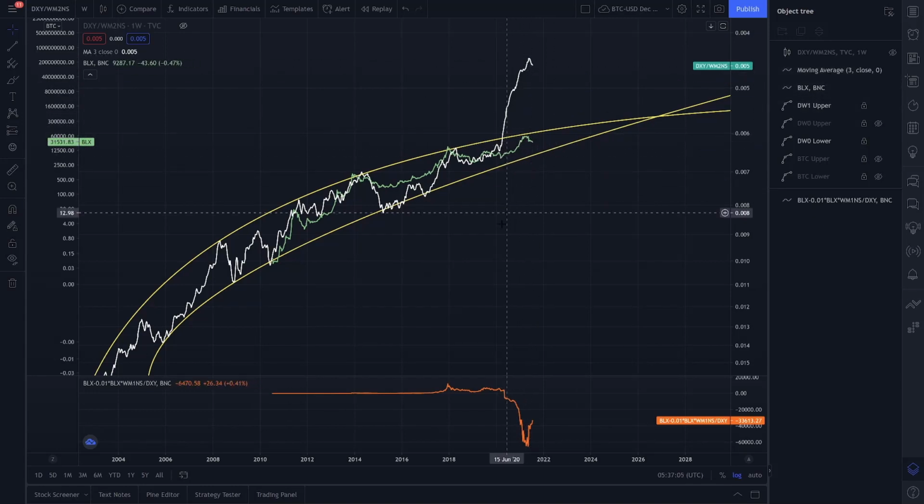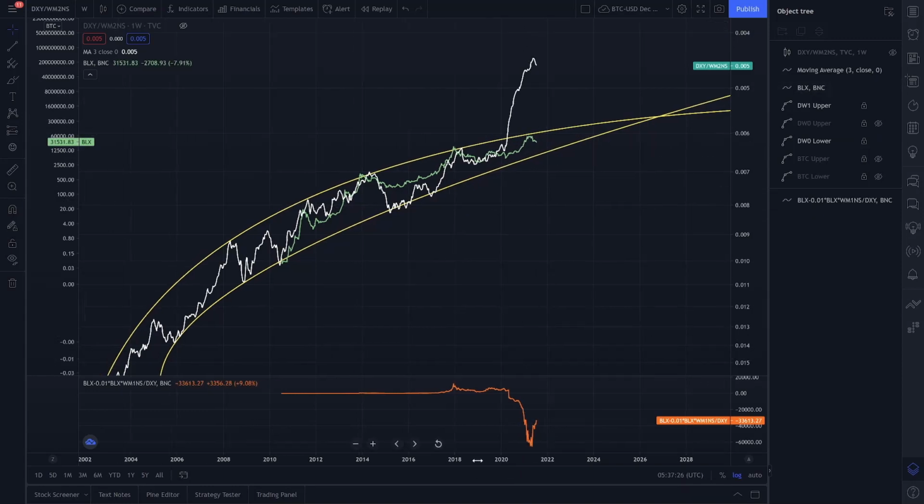Could we be seeing that same behavior on a lengthened time frame in Bitcoin, given that it's possible this rapid decrease in value in the US dollar could be taking a while to find its way into Bitcoin?